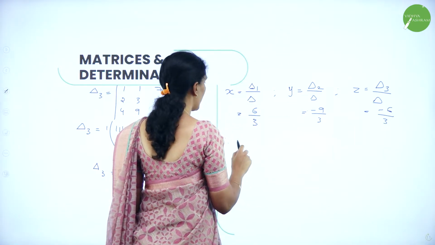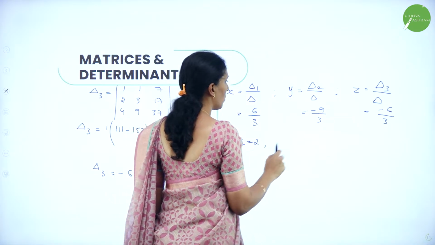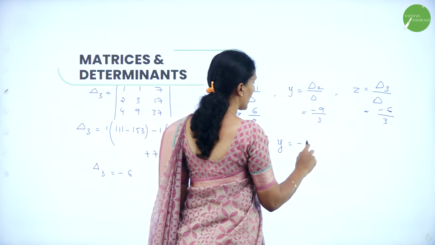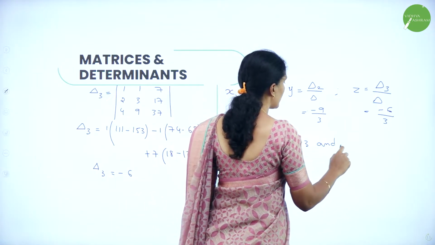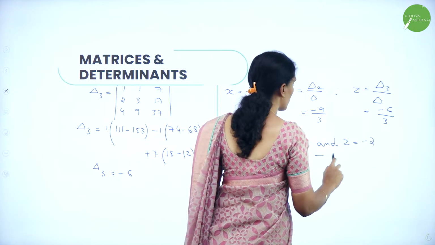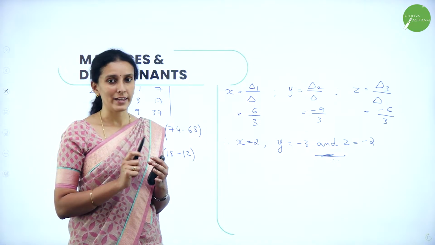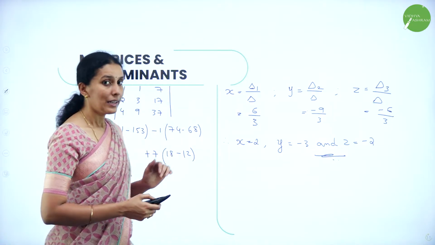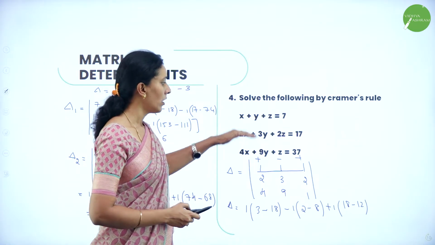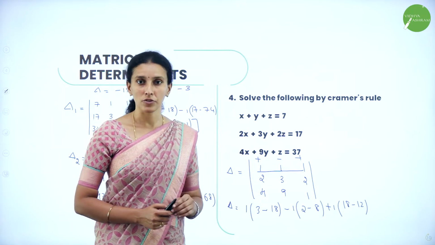So therefore we get x is equal to 2, y is equal to minus 3 and z is equal to minus 2. So this is how we can evaluate the value of x, y, z of any linear equations given with the help of this Cramer's rule.